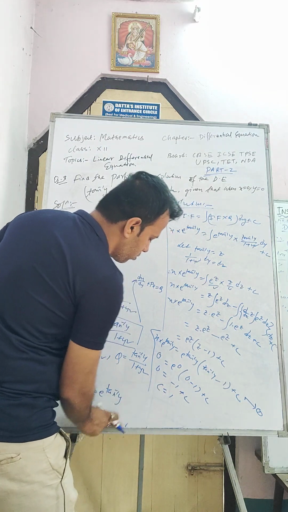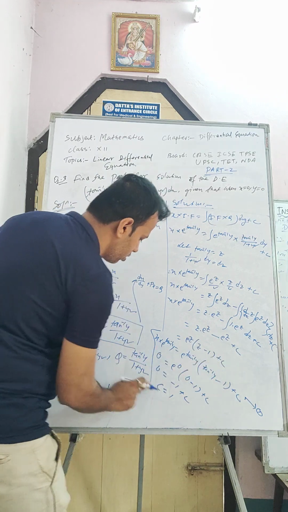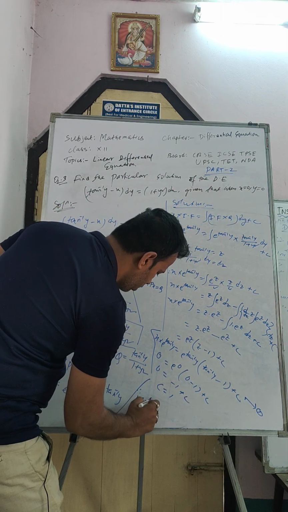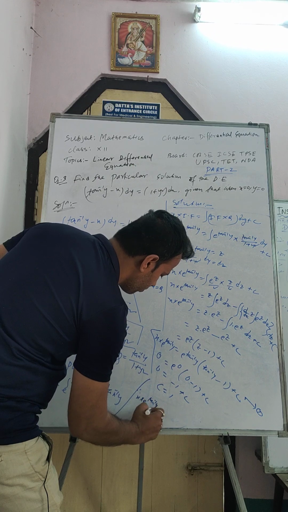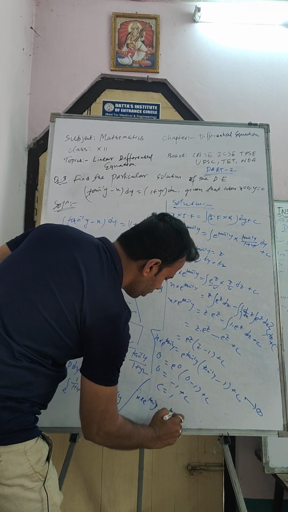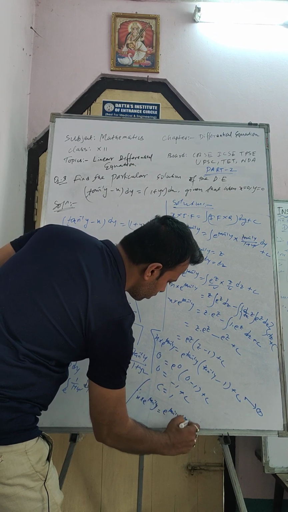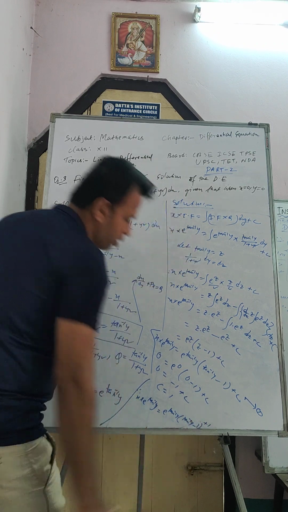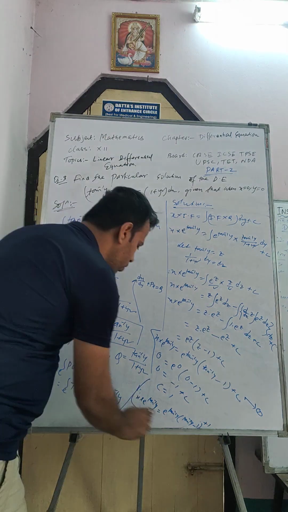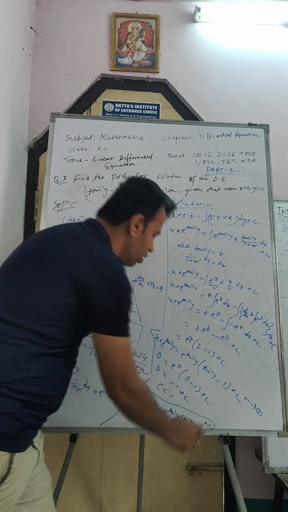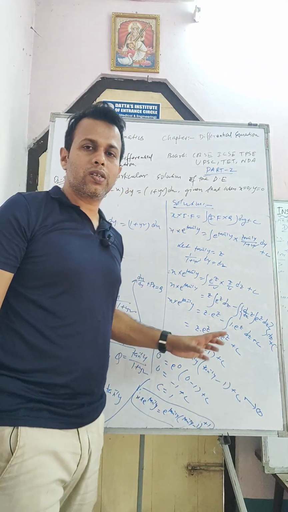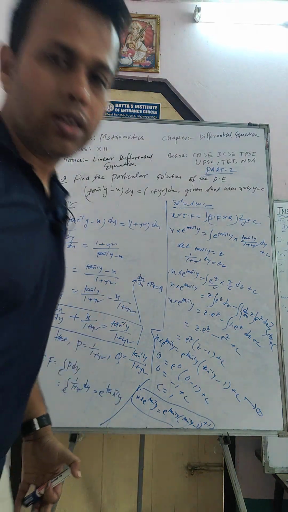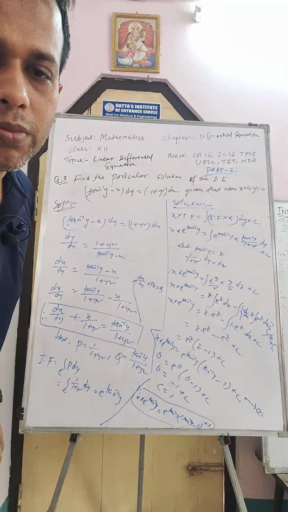So the solution will be x into e to the power tan inverse y equal to e to the power tan inverse y minus 1 plus 1. Okay, so this will be the particular solution of the question. Got my point? Okay, I hope all of you enjoy this.